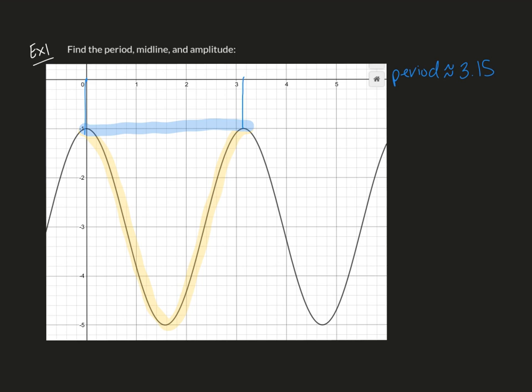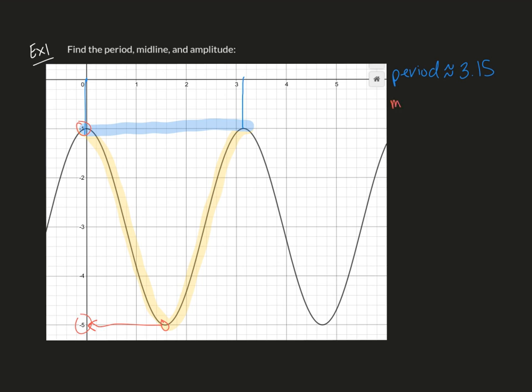Next thing we are going to do is that midline. And if you remember the midline, it's half of the maximum and the minimum value, and y equals that. So I'm going to continue with my color coding. So red for the midline. My maximum value is -1, and the minimum is -5.